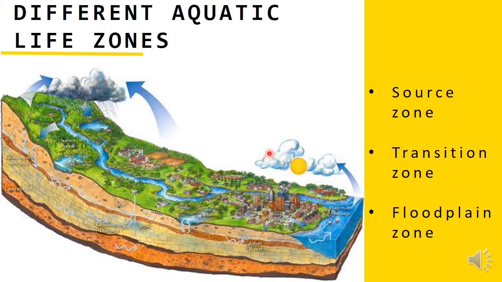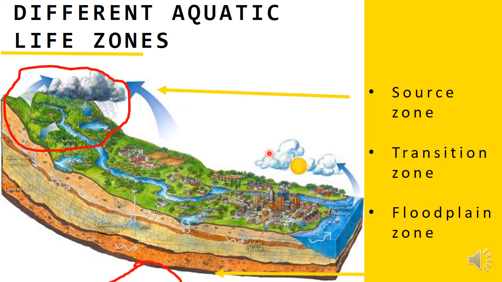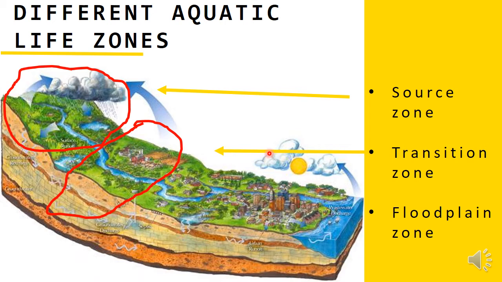The three zones in the downhill flow of water are, first, the source zone, containing mountain streams or headwaters. Second is the transition zone, containing wider, lower elevation streams. And lastly, the floodplain zone, containing rivers which empty into the ocean.